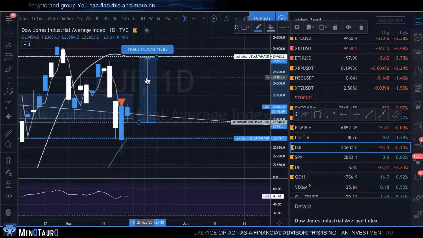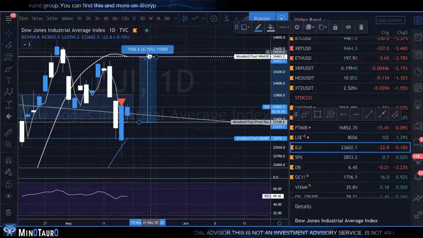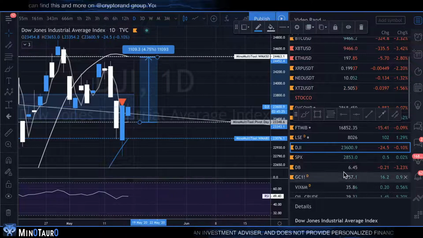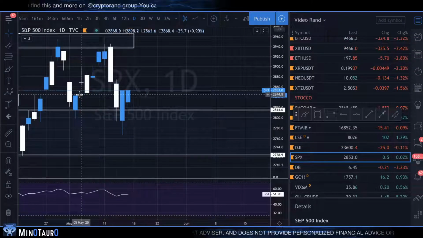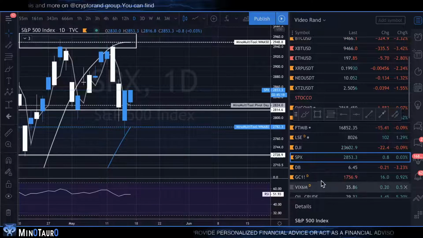Okay, so if you play index, this can be a very good move. If you play index on brokers that give you a very good leverage, this can be big money out. Same situation was for S&P, same situation.